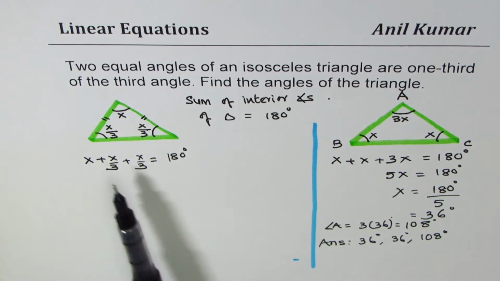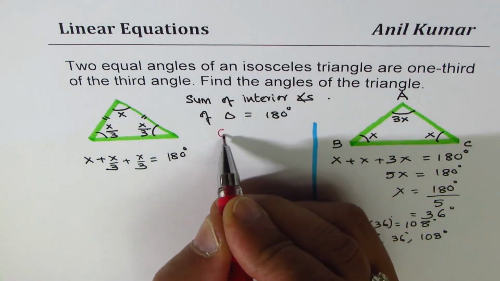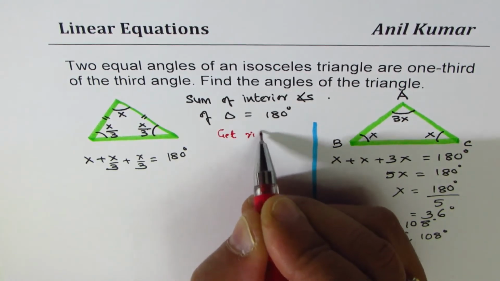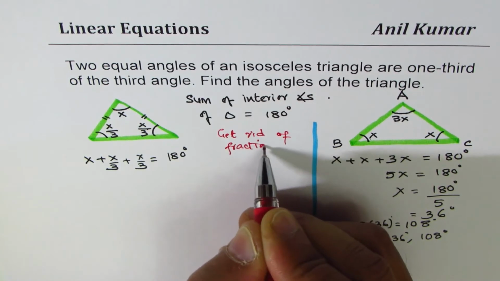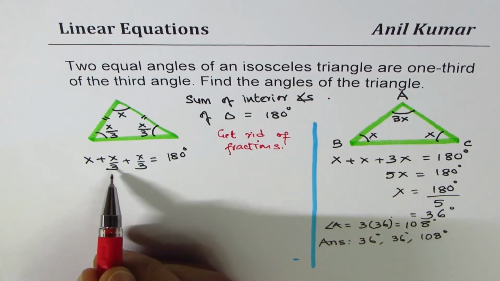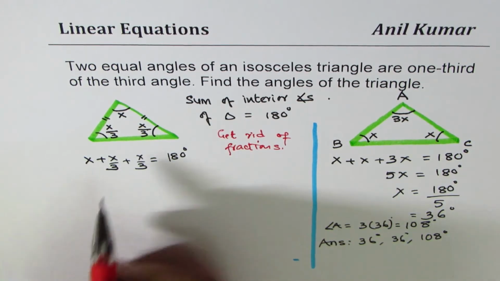But now let's also see how to solve this equation on the left side involving fractions. So involving fractions, what I suggest is our strategy of get rid of fractions. How do we do so? Common denominator is 3, so we'll multiply every term by 3, right?